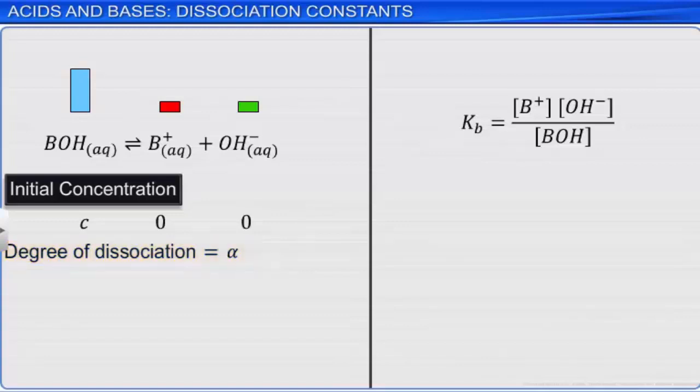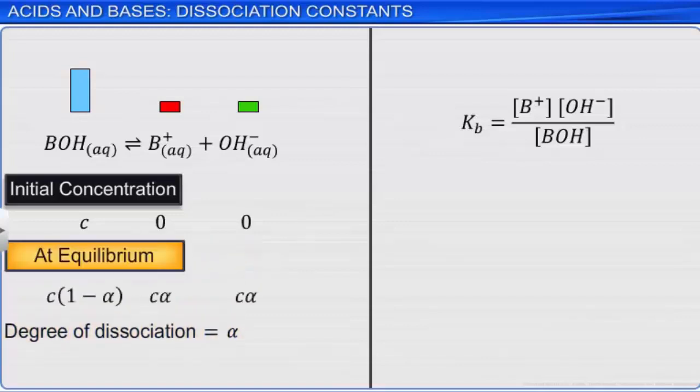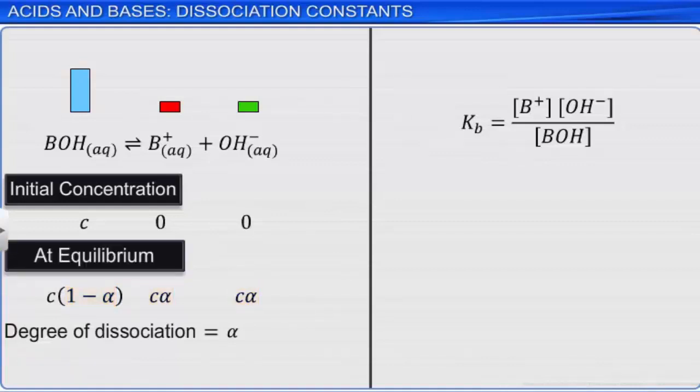At equilibrium, the number of moles of the reactants will be C(1 minus alpha) and of the products C alpha each. The dissociation constant Kb for this dissociation equilibrium can be written as Kb is equal to the product of concentration of OH minus and B plus ions divided by concentration of BOH.